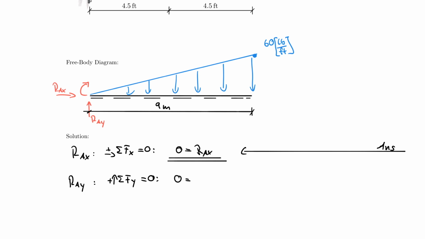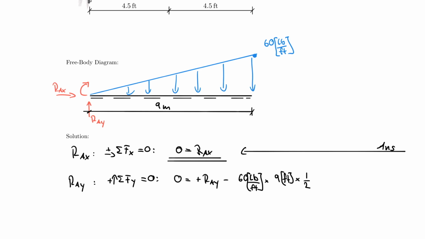I do that by the sum of the forces in the y direction being equal to 0, upwards positive, and 0 is equal to plus RAY minus 60 pounds per foot multiplied by 9 feet multiplied by 1/2. Again, careful, because pound per foot and foot turns out to be pounds.